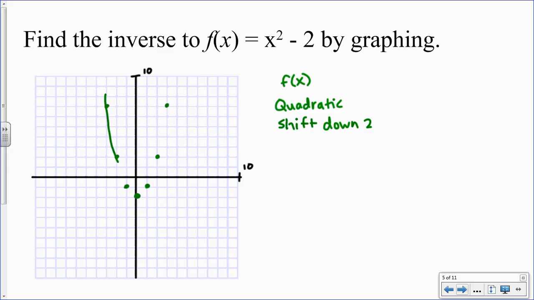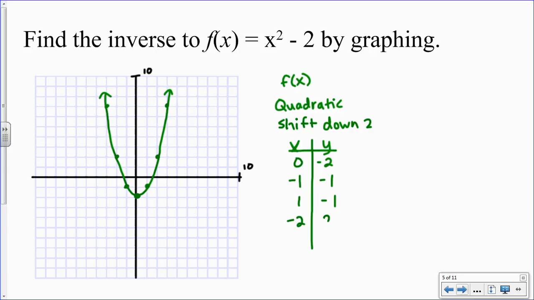Okay. To help us graph the inverse, I want to put these points in a table because then I can just switch my x and y. So I'm putting these points here. So (0, -2) was the vertex. I have the points (-1, -1), (1, -1), (2, 2), and (-2, 2), (-3, 7), and (3, 7).